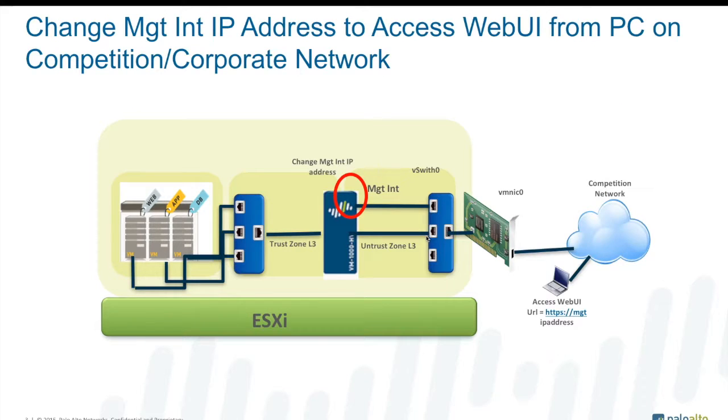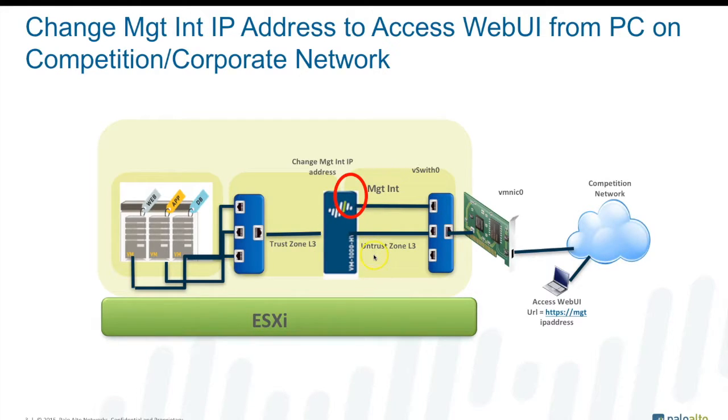So this is the environment that we've been setting up. Here, instead of going directly to the virtual servers, I have to go through the firewall appliance. What we did in the last couple of videos is we set up the external data interface, which is facing the internet or the competition network, and it's running in our untrusted zone because this is untrusted traffic.